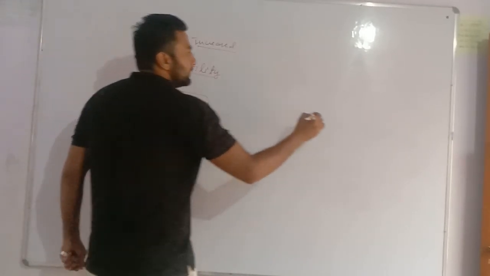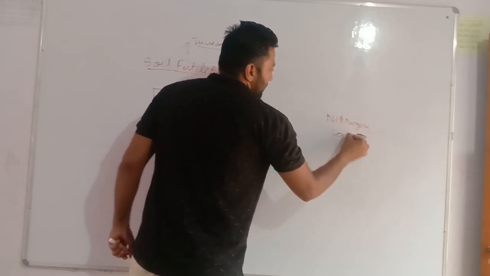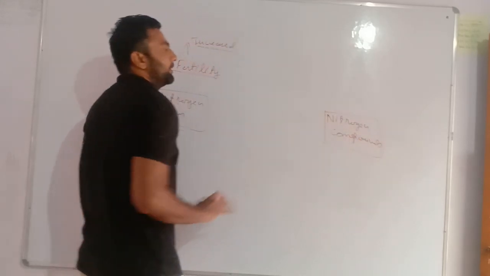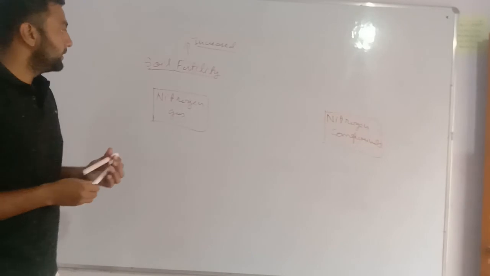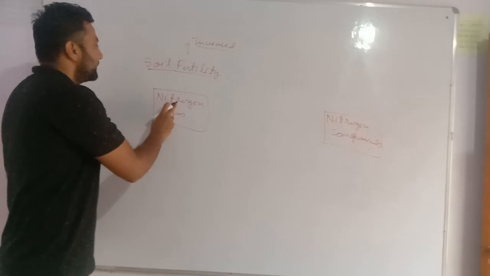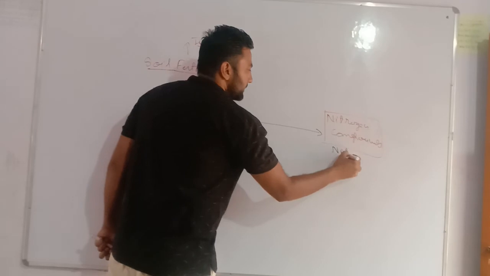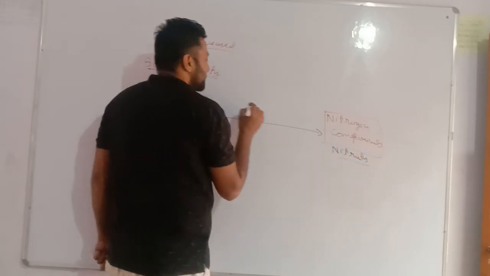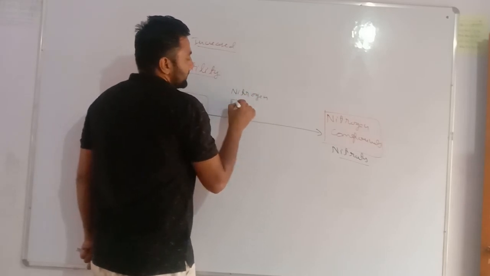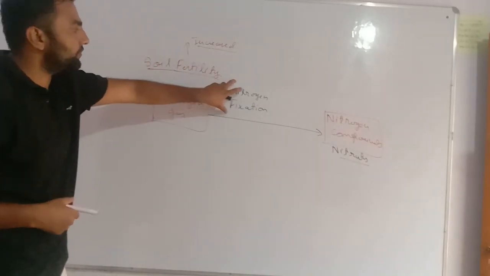But nitrogen compounds are very useful for plants and animals. The process of converting this nitrogen gas into nitrogen compounds, that is nitrates, is known as nitrogen fixation.